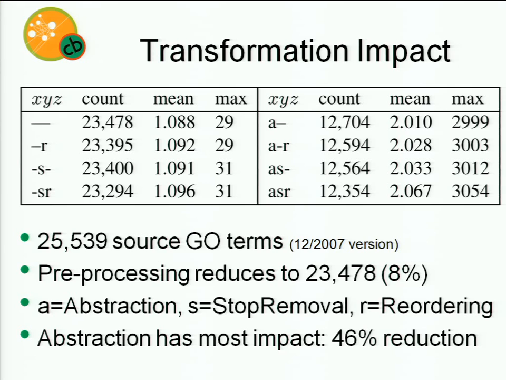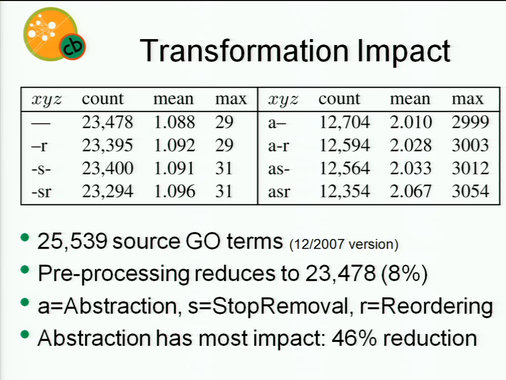If we look on the left here, these are all of the transformations that had no abstraction in them. And these are the transformations where abstraction was done. Simply after the pre-processing, we had 23,478 clusters, where most of them had just a single term in them.